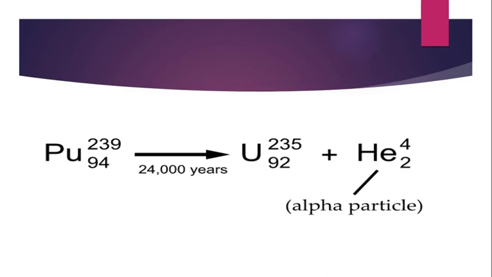So the atomic number got changed, so the element is changed to uranium. You can see that there is a time given which shows the time of process, that is 24,000 years, which we can say is a half-life, and we will study about half-life later. So this is an example for alpha decay.